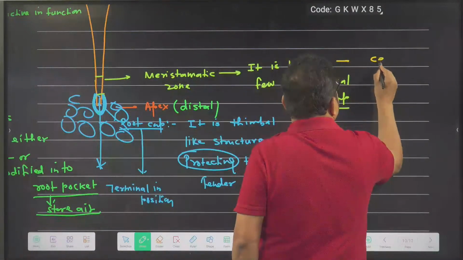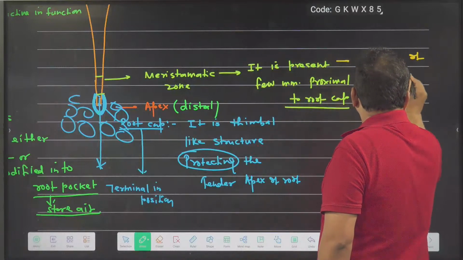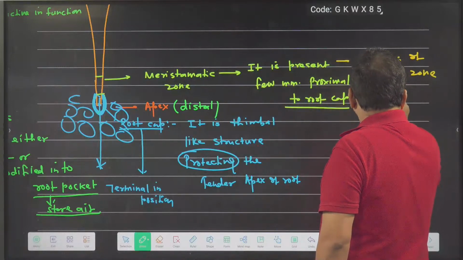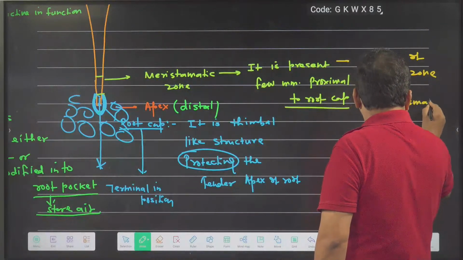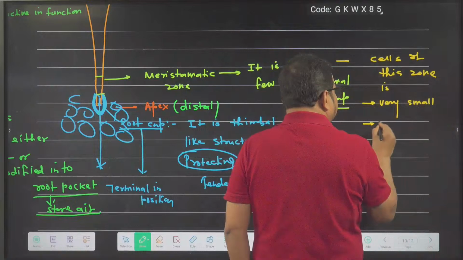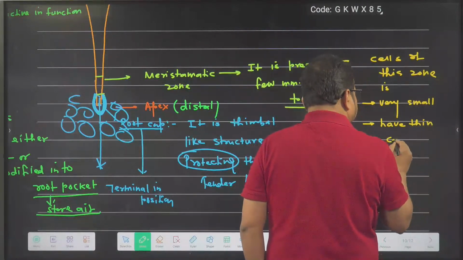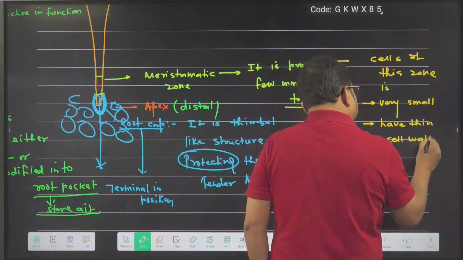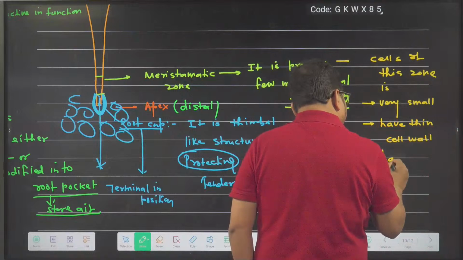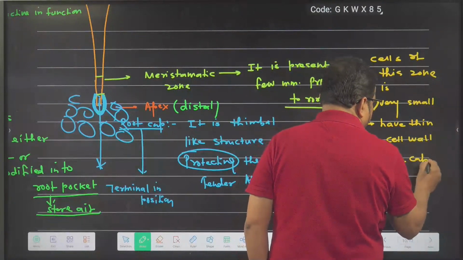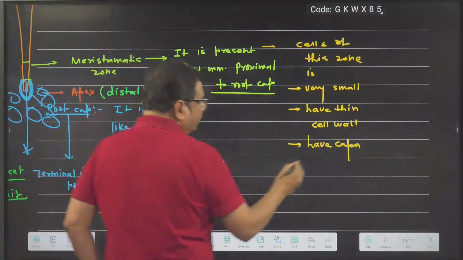The cells of this zone are very small in size, have thin cell wall, and have capacity of division.